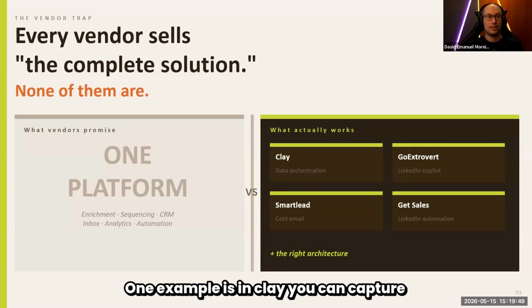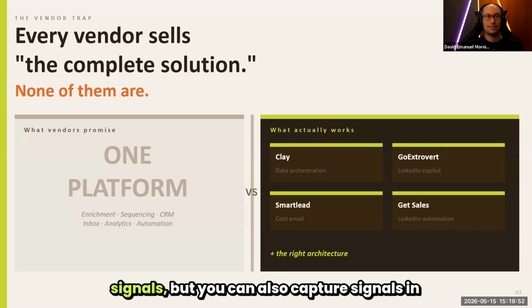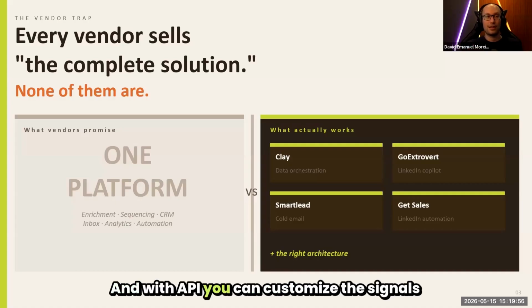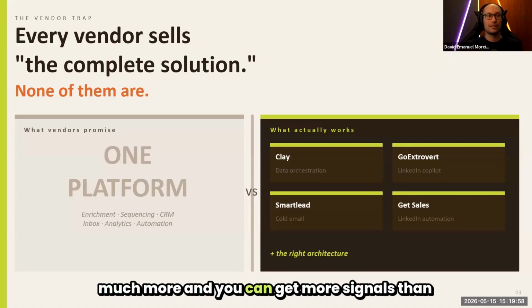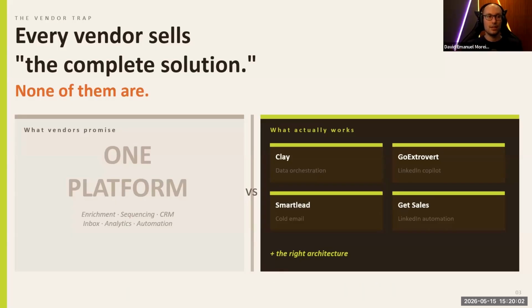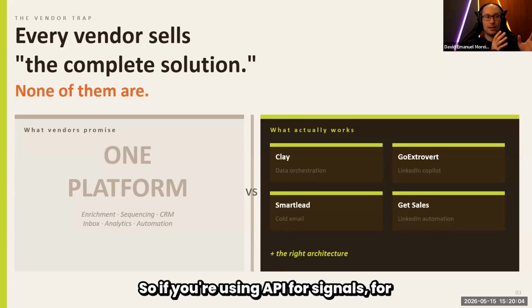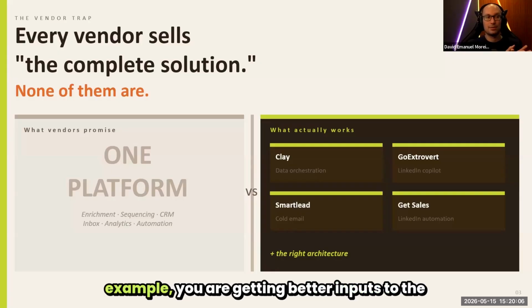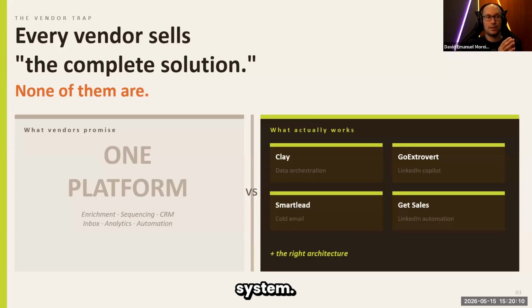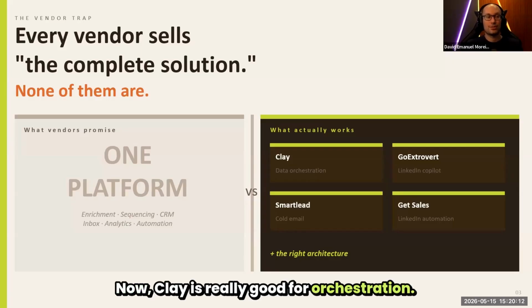One example is Clay, you can capture signals, but you can also capture signals in Apify. And with Apify, you can customize the signals much more and you can get more signals than Clay. So if you're using Apify for signals, for example, you are getting better inputs to the system. Now, Clay is really good for orchestration.